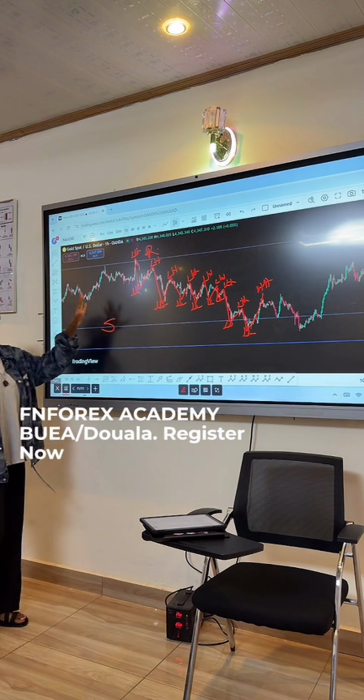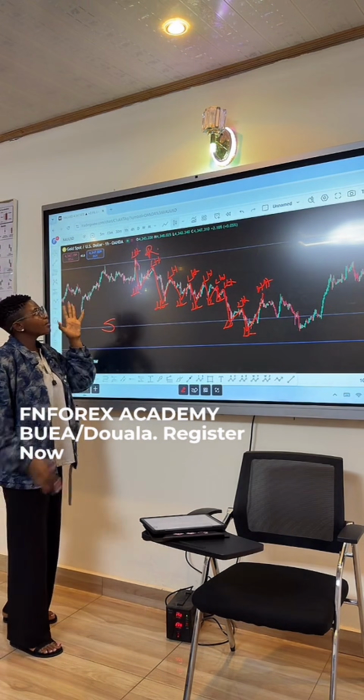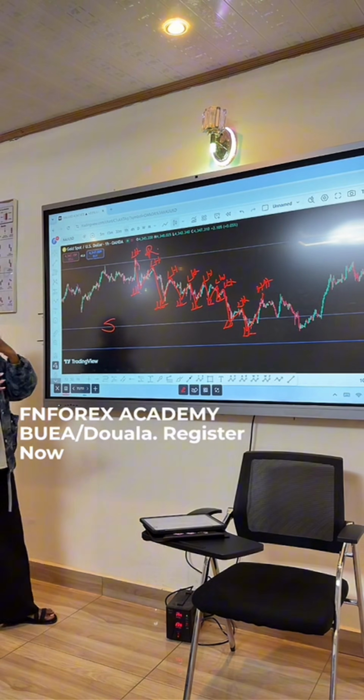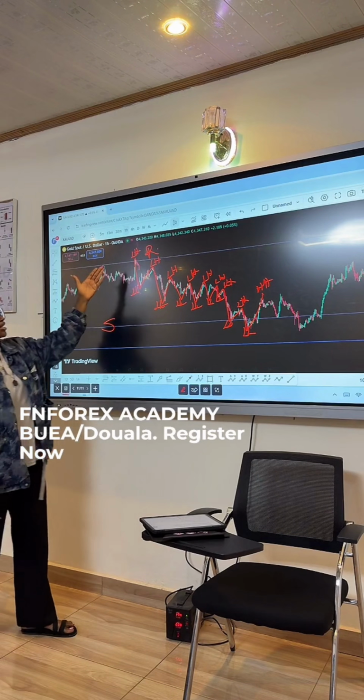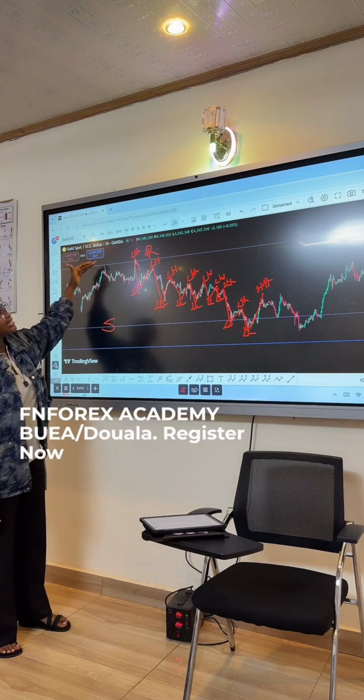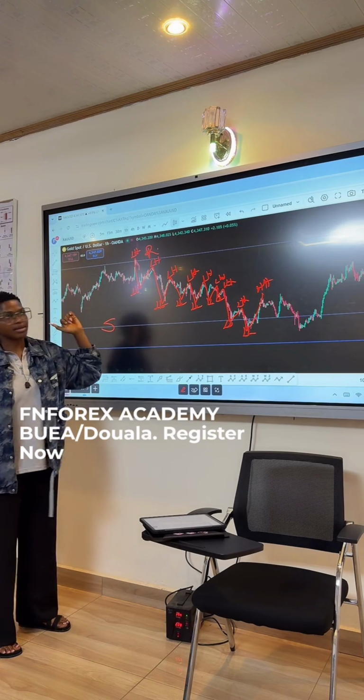So this is a typical downtrend. First of all, it comes from us identifying: is it giving lower lows, lower highs, higher highs, or higher lows? So I've identified a lower high from a resistance level, from a sell level.